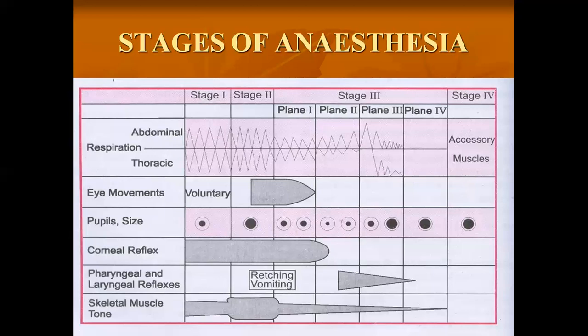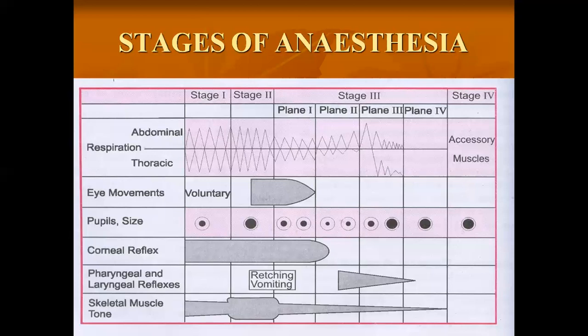The skeletal muscles are incompletely relaxed. The lid reflex, swallowing, retching, and vomiting get abolished. The corneal reflex is present, but the conjunctival reflex is lost. The loss of pharyngeal reflex in the middle of this plane enables the anesthesiologist to pass a pharyngeal airway.